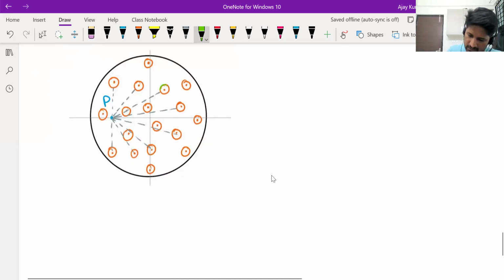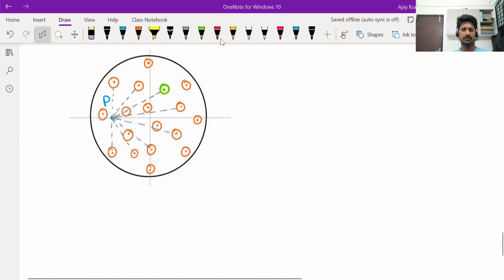If you consider this current, the dot indicates the current is flowing out of your screen, and you can see where the point P is. Seshank, tell me, what is the direction of magnetic field produced by this green current at the point P?